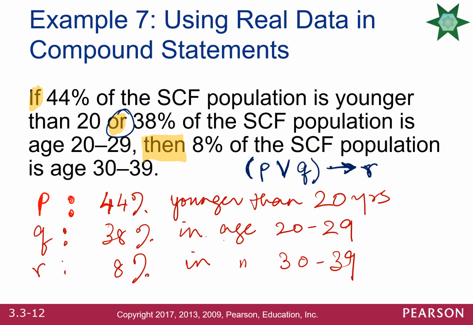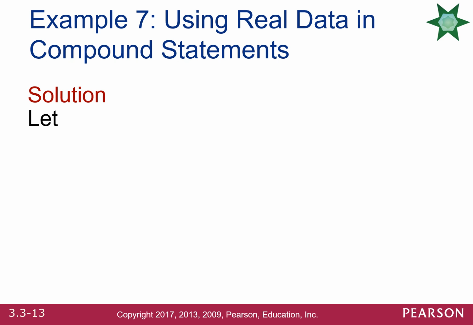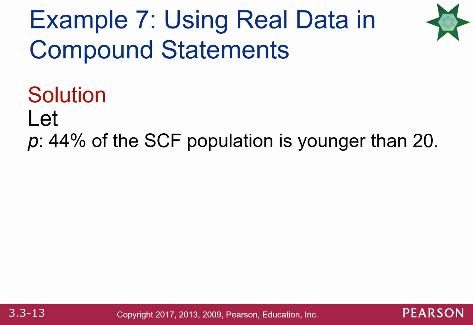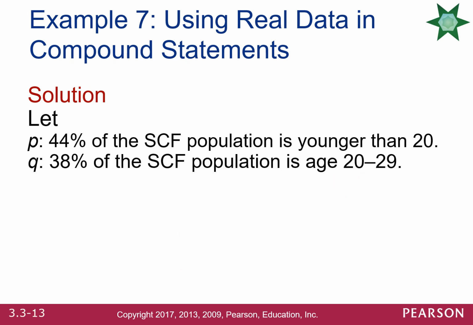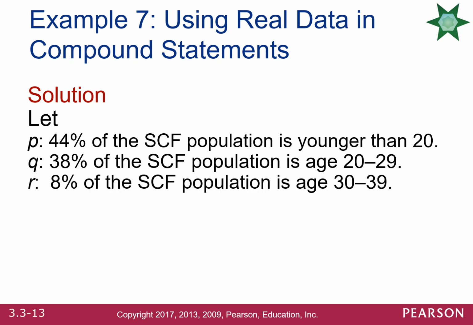So let's go on to the next slide to see how they have worked out the solutions and the steps that they have followed. Let's go over the step-by-step process that they have given us here to come up with the solution. They start with let P be 44% of the SCF population is younger than 20, and then Q is 38% of the SCF population in age 20 to 29, followed by R, 8% of the SCF population is age 30 to 39.